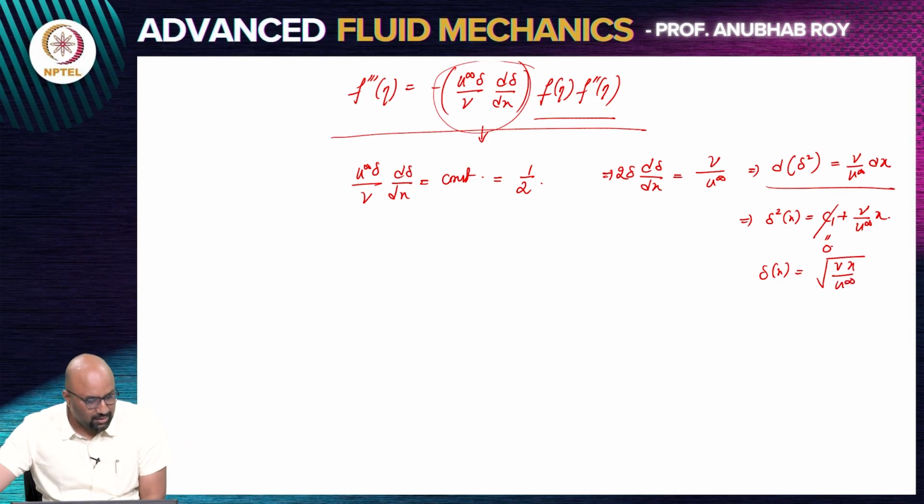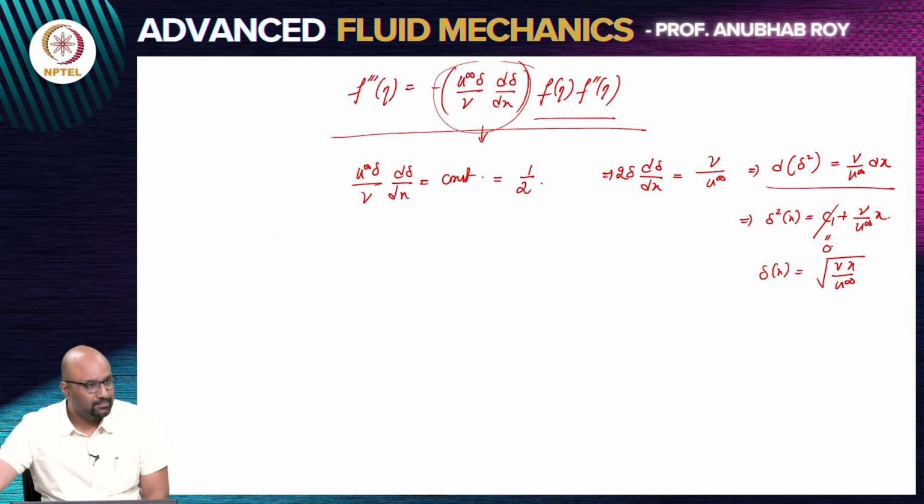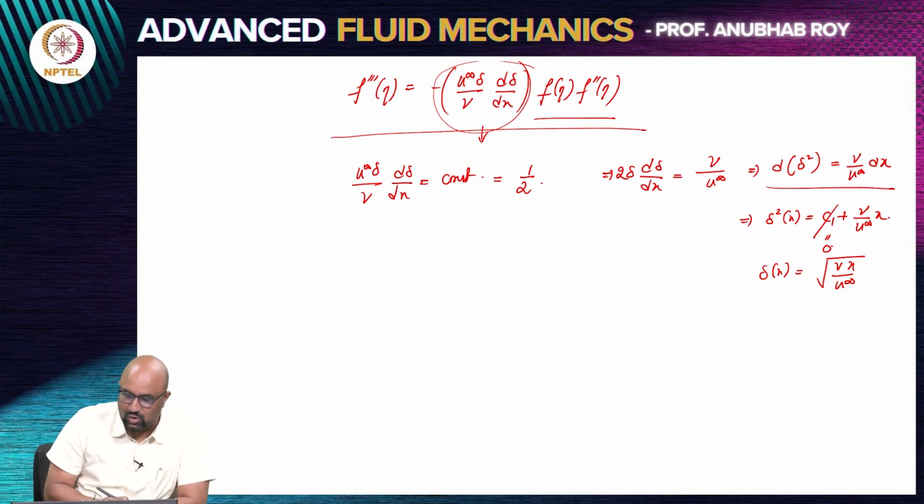So, if you go back to the beginning of today's lecture, what we arrived at from dimensional arguments, right now we are getting it from a formal analysis. Then the numerical factor, by the choice we have made, is also unity. So, we had already preempted this, we had already guessed this from the dimensional argument, now we have it from a formal analysis. So, this quantity is square root nu x by u infinity.